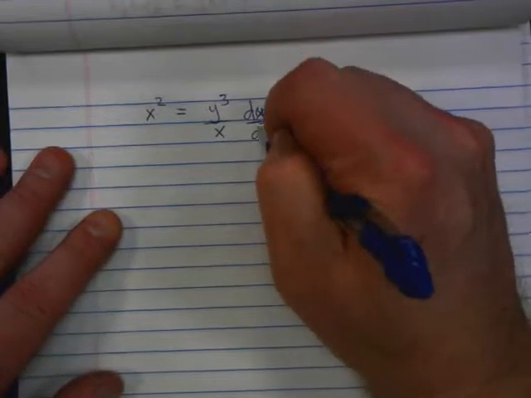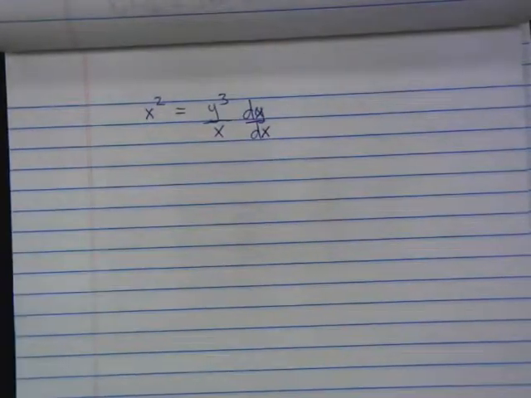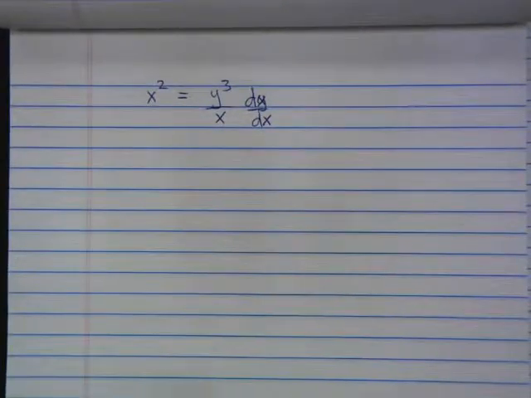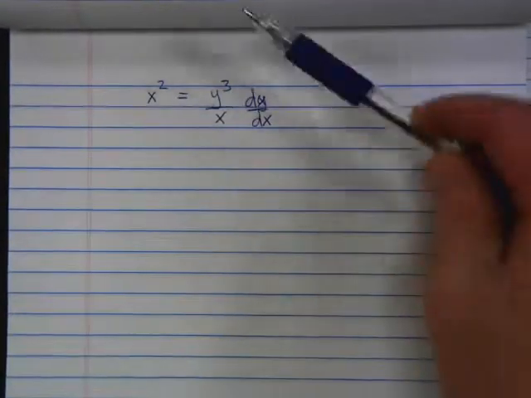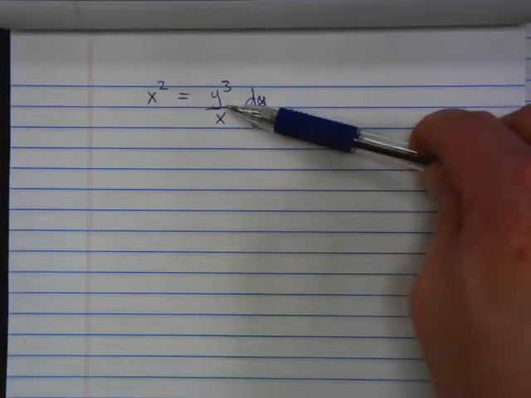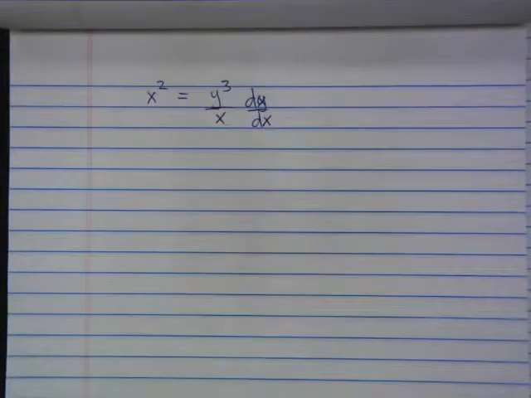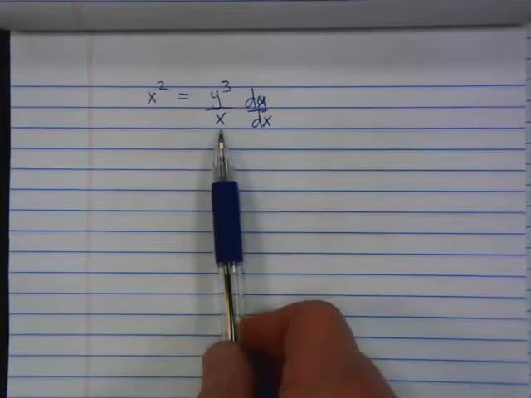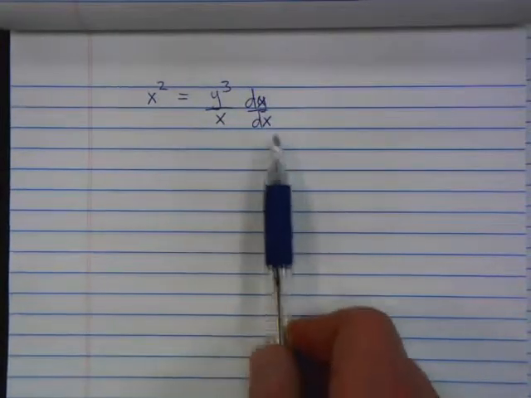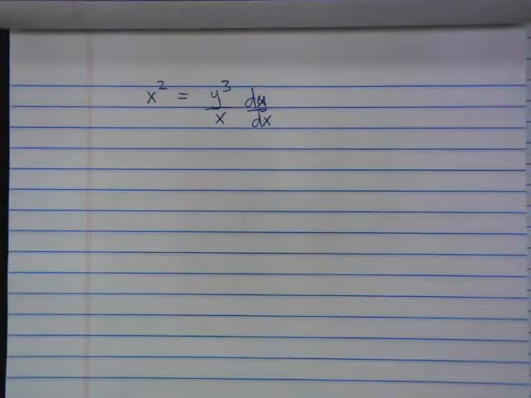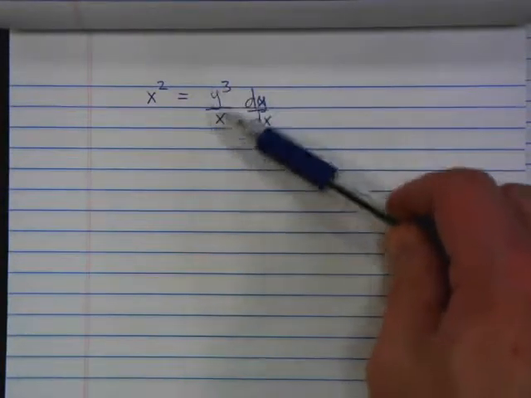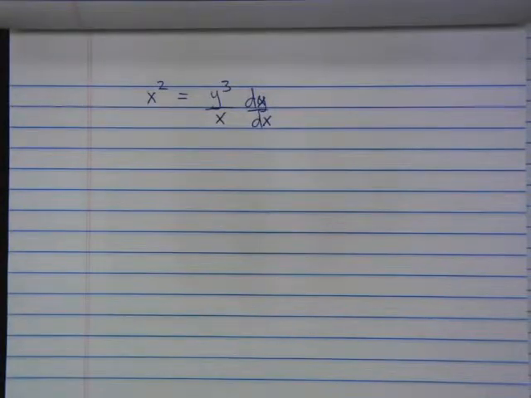Is that still homogeneous? And the answer is absolutely yes. This has degree 2. This would have degree 3 minus 1, which would be 2. That would still be homogeneous. Now, more importantly, this one's separable because I could multiply by the x and the dx and solve it very easily that way. But yes, if you have a division like that, that's considered homogeneous still.